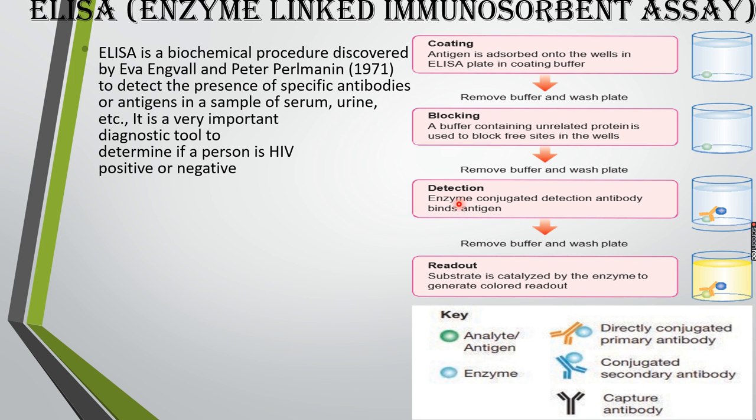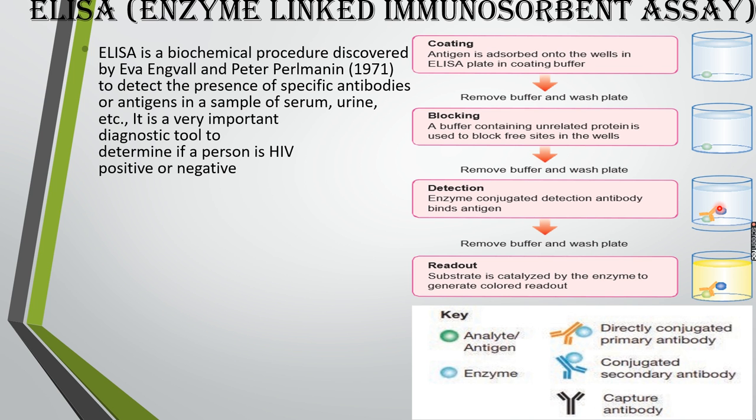Once again, now we are going to detect. The enzyme-conjugated detection antibody binds to the antigen. So this is the antigen, the HIV virus. Now what is this orange color? It is an antibody, the immunoglobulin structure we have studied. So we have added the conjugated detection antibody. This is the antibody attached.